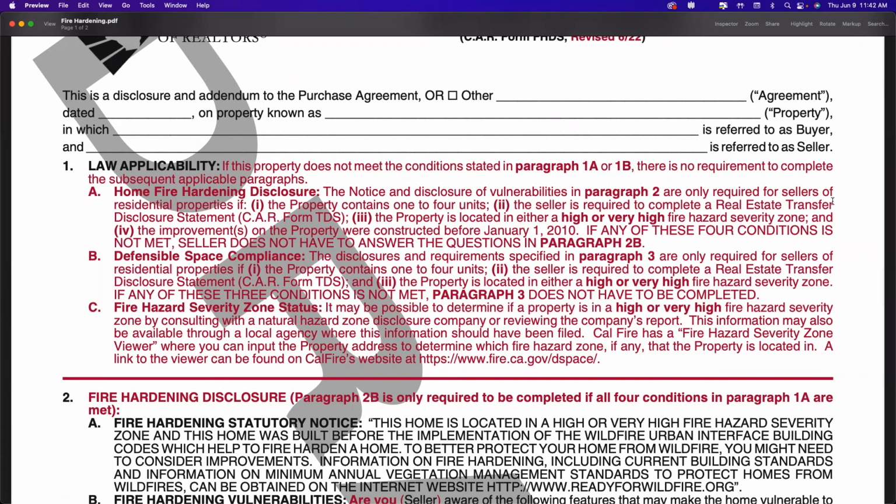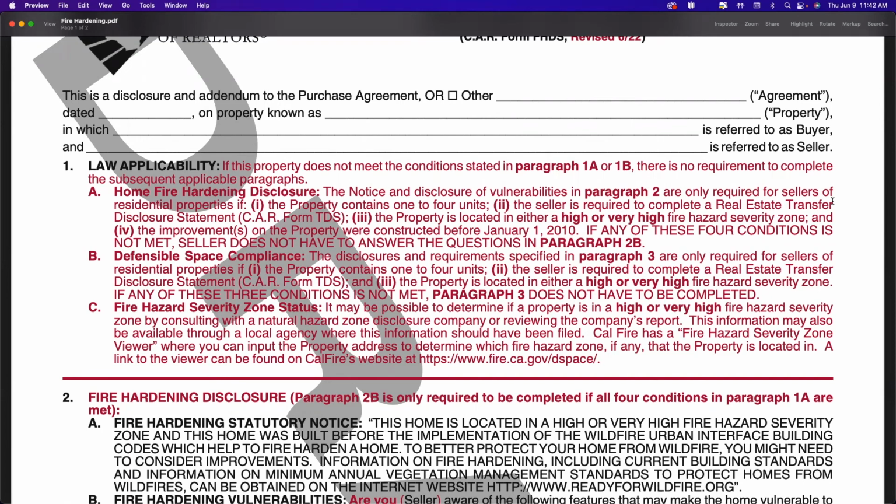So what this first paragraph 1 is saying is, listen, if all 4 conditions of providing this disclosure are not met, which are the home requires a TDS, right? That's 1.